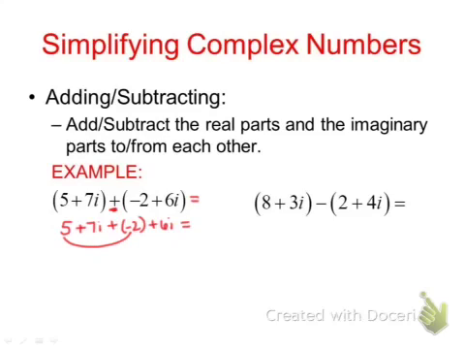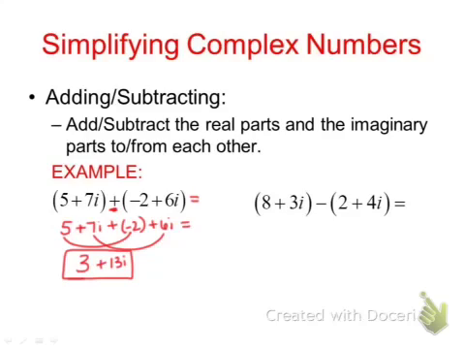Like 5 and negative 2, those are both the real numbers. So 5 and negative 2 make 3. And then I combine the 7i and the 6i, which are both positive, and I get a 13i. And since I have a real number and an imaginary number, I can't combine those together. Those are not like terms, so my answer is just going to remain as 3 plus 13i.